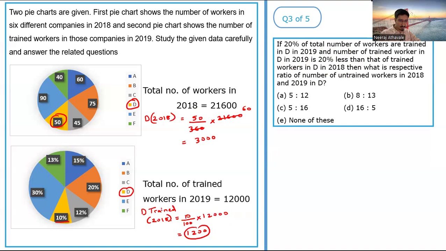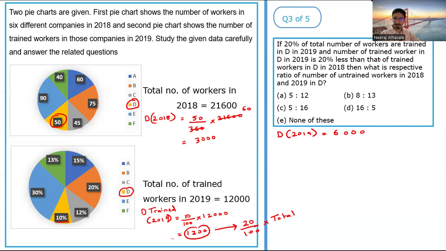Now this is 2019 value. By mistake wrote it as 18. Now it is given that this value is 20 percentage of total. That means D total of 2019 is basically 6,000.